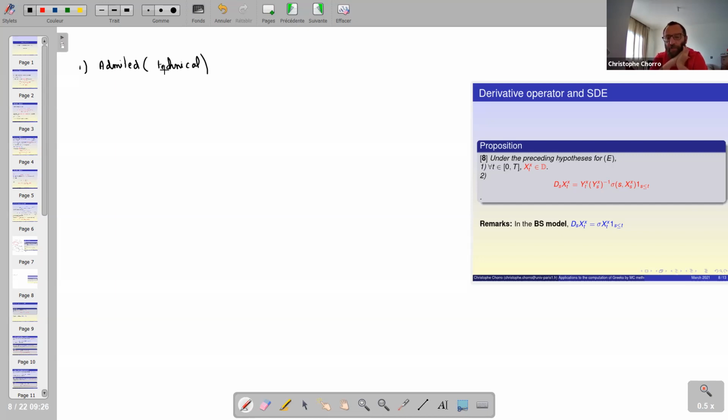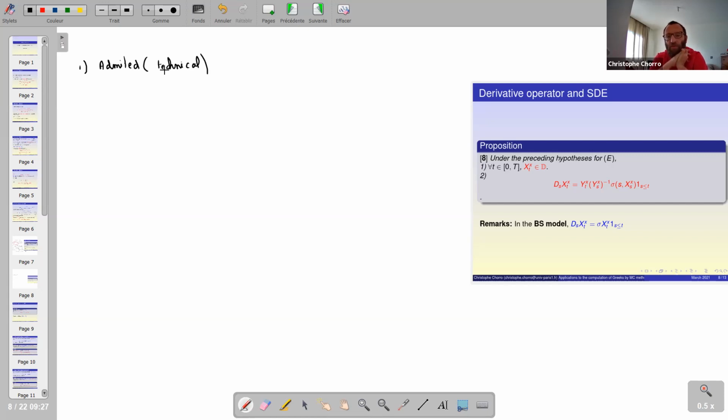And in fact, using this iterating scheme, you can prove that each iteration belongs to the domain of the derivative operator in the Malliavin sense. And then using the closedness of this domain, it would be possible for you to prove that the limit, that is none other than the solution of my stochastic differential equation, belongs to the domain of the derivative operator.